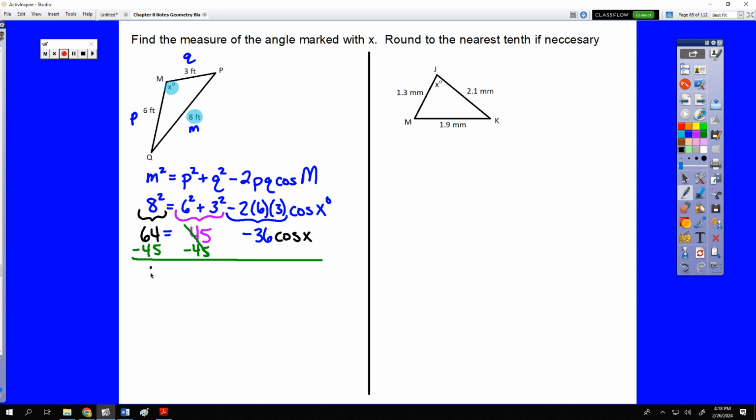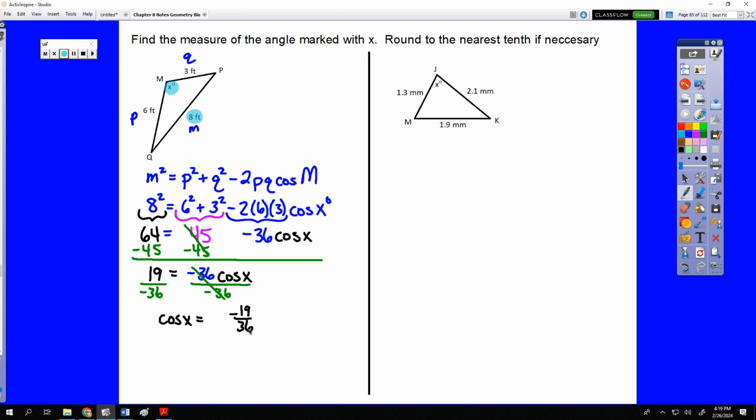That would give us 19 equals negative 36 times the cosine of x. And then, to get cosine of x by itself, that is being multiplied, so we will divide both sides by negative 36, which will give us that cosine of x is equal to negative 19 over 36.